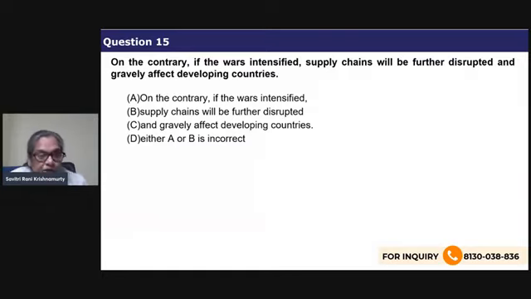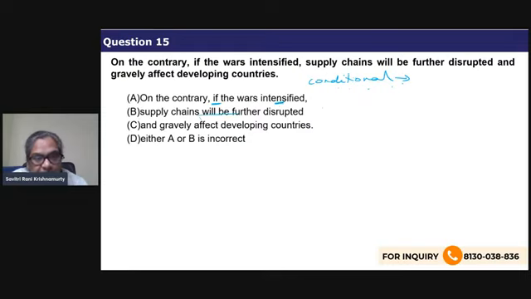The moment you have a had or an if starting, you know it may be a conditional sentence. Now you have, if the war intensified, then what will happen? What kind of conditional is this? If you keep the first sentence as it is, this is in past tense, right? If you tried, you would. So this is type 2 conditional.